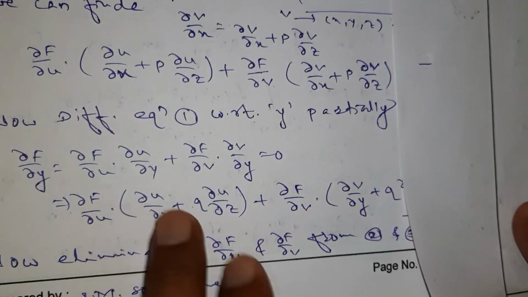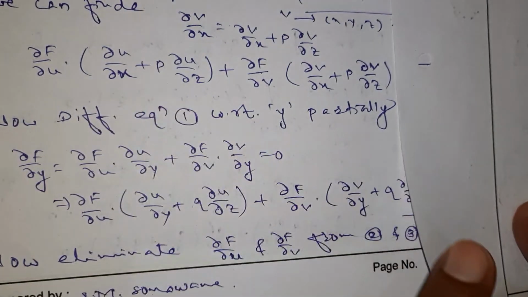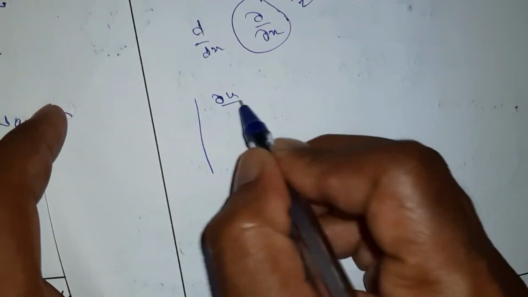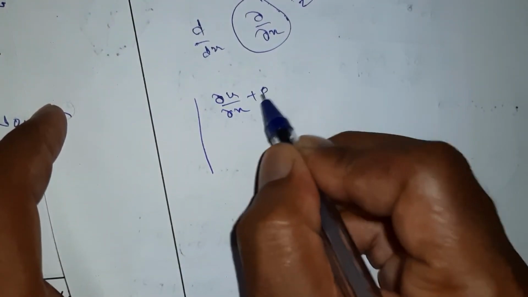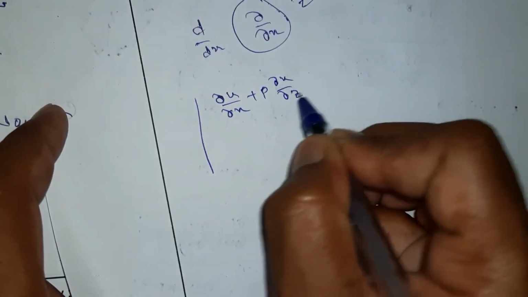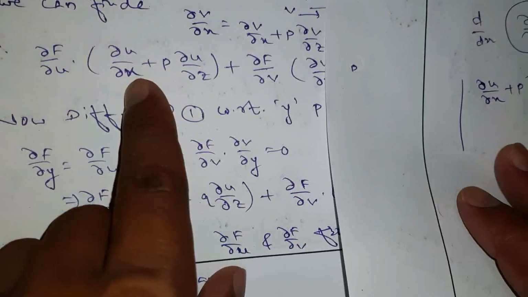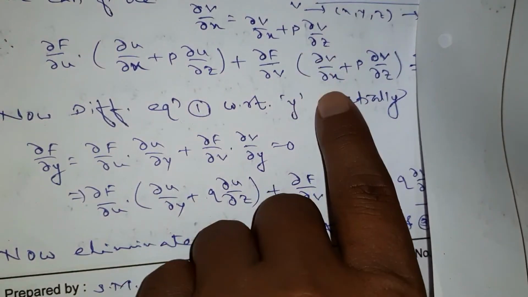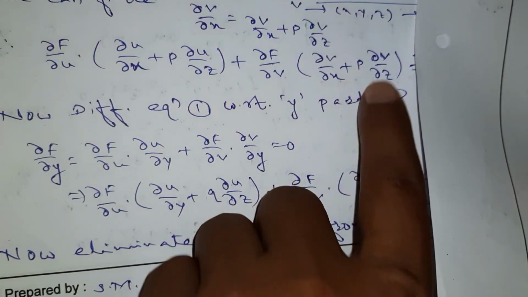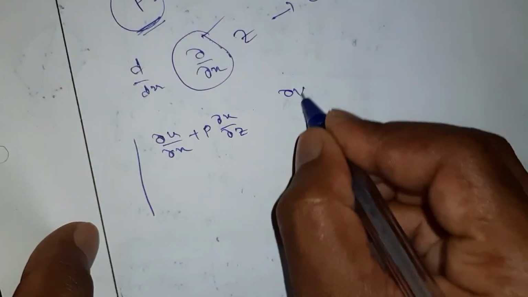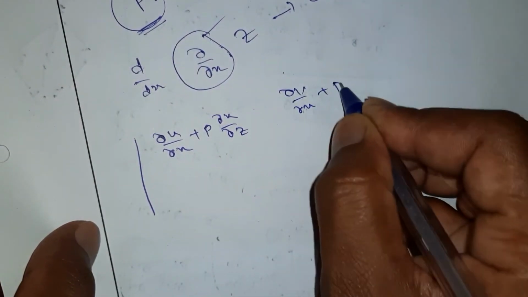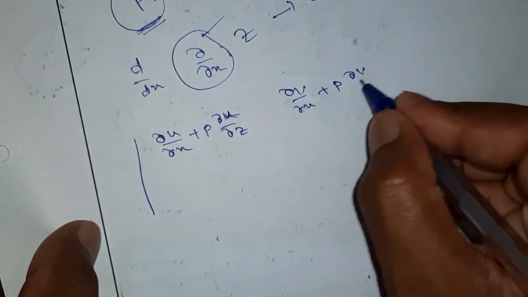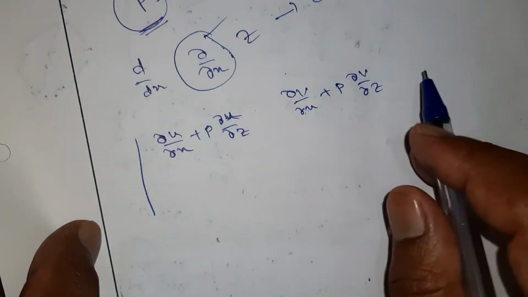So here, to eliminate this, we use the determinant method, which is: first row, ∂u/∂x plus p into ∂u/∂z, and second one, ∂v/∂x plus p into ∂v/∂z. Right? First over.